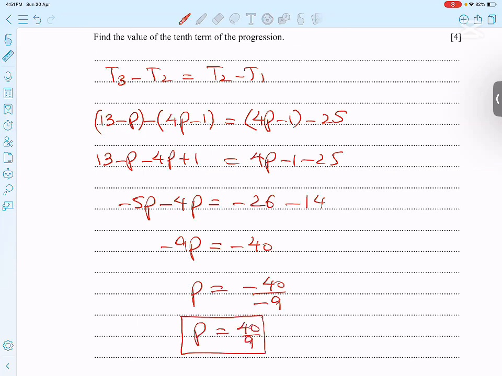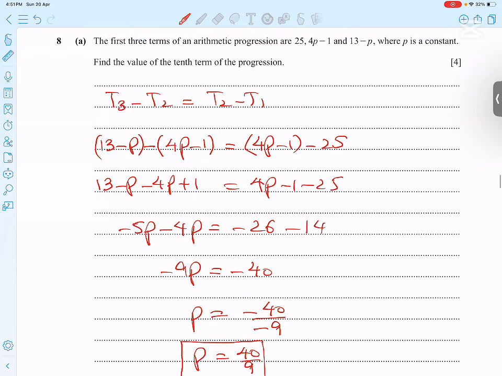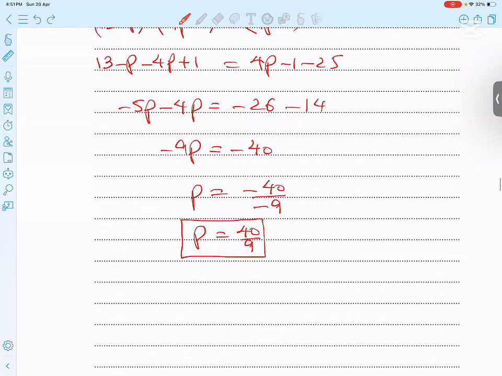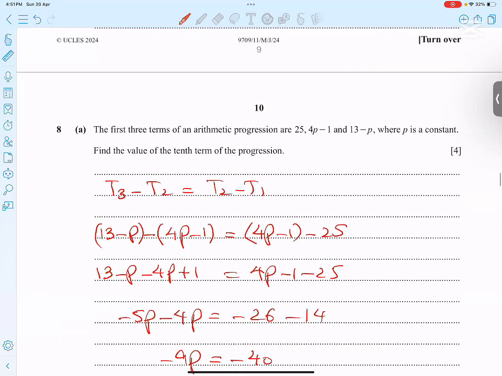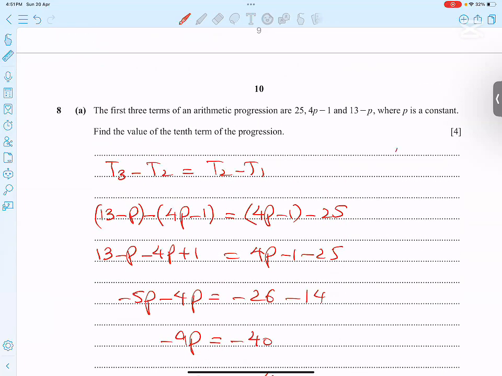And what is the question asking us to find out? The 10th term. How to find the 10th term? So for the 10th term formula, we have Tn is equal to a plus n minus 1 into d. I'm replacing every n by 10, but I don't have the first term, I have it. Let me copy from here. First term is 25. And what is the common difference?